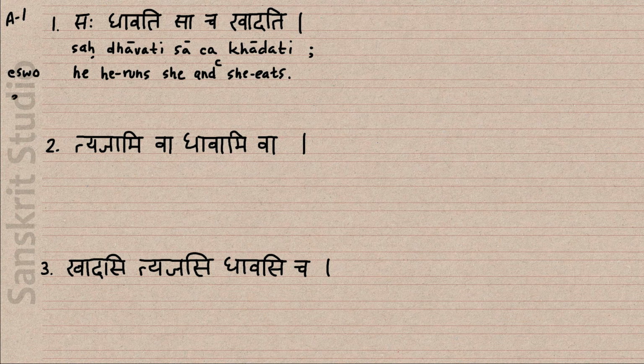And now we want to go down to the English here. It looks like this. He runs. So we simplify the implicit. The pronoun saḥ sort of trumps the implicit subject there, so it takes over.